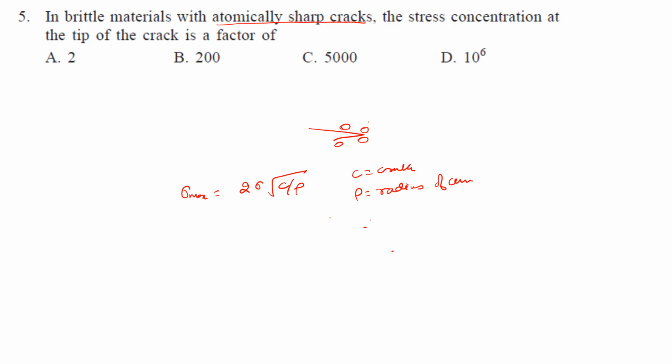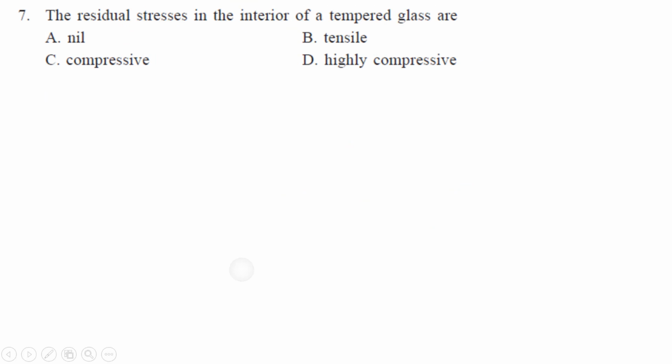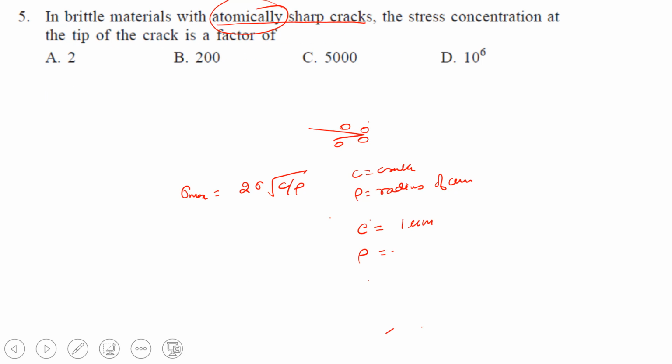Okay. So for the case of this atomically sharp crack, the crack length is of the order of 1 micrometer and the radius is of the order of 1 angstrom. So now if you put this value, it is 2 sigma, say 10 power minus 6 here, 10 power minus 10.